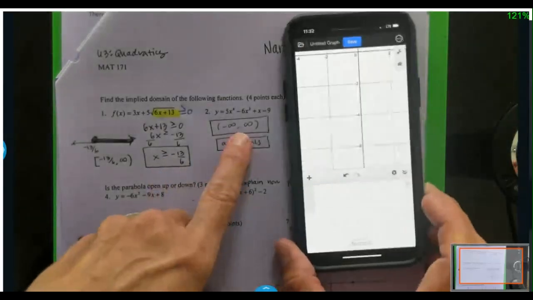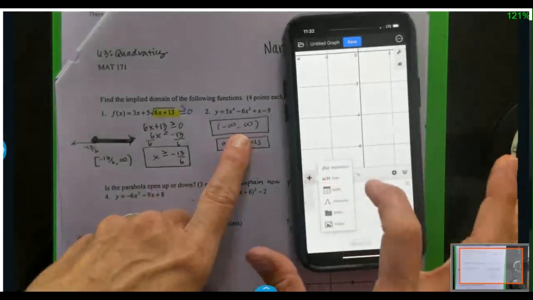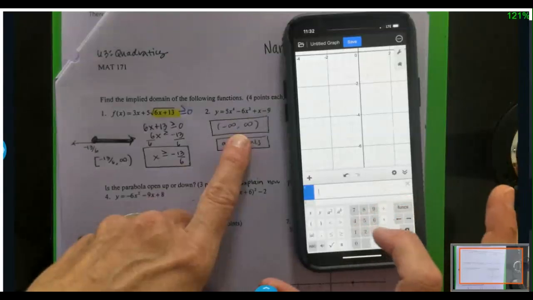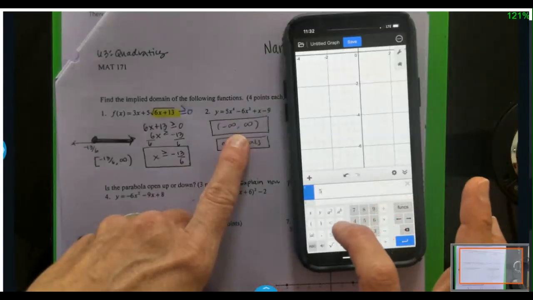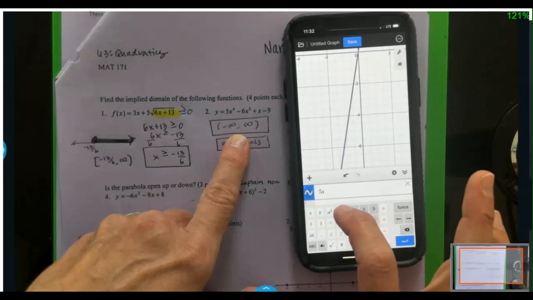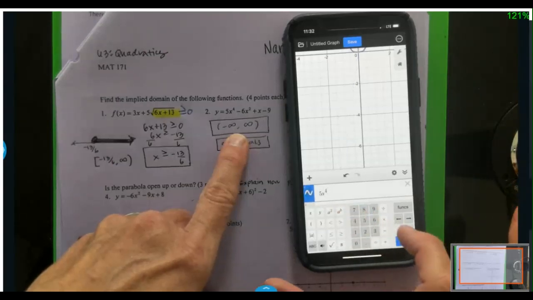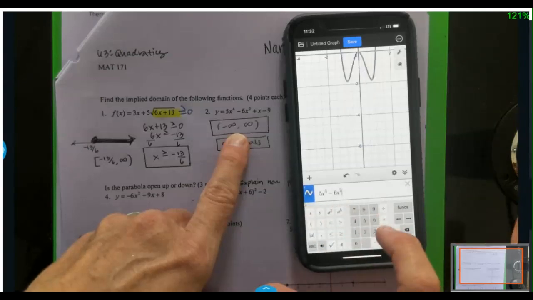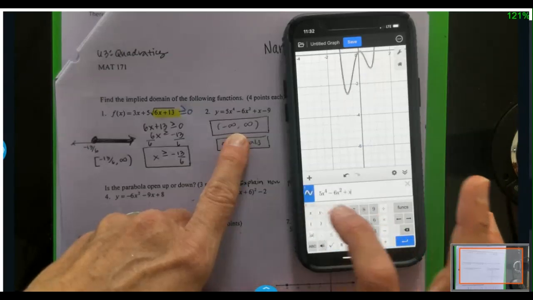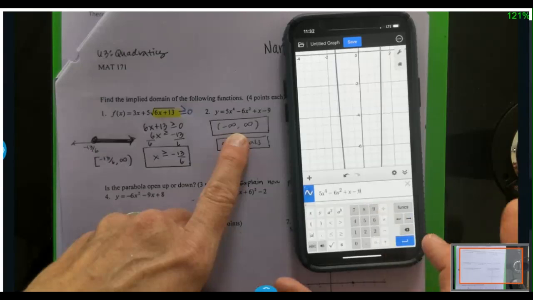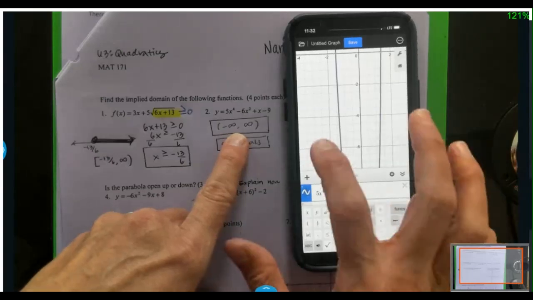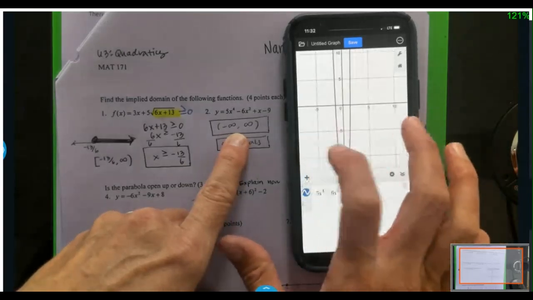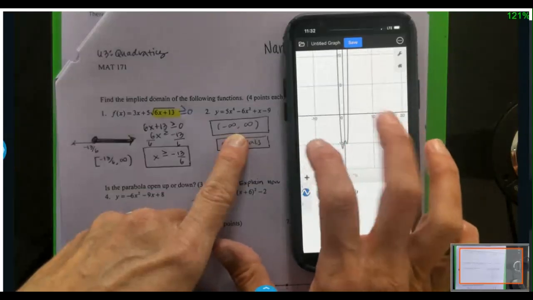All right, I'll try to put this one in. Okay, so 5x to the 4th minus 6x squared plus x minus 9. All right, so I type that in. And look at what it's going to do. Now, it's not a parabola.